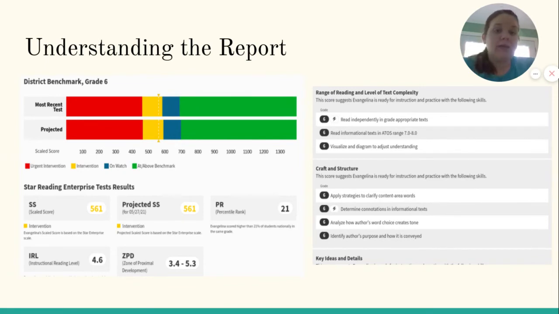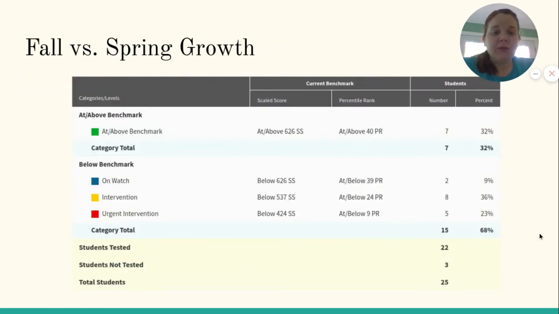This is what we like to see: students testing either on or above grade level, and this student is doing that exactly. So this speaks volumes for our reading staff in 6th grade. So continuing on, looking at our fall versus spring growth.